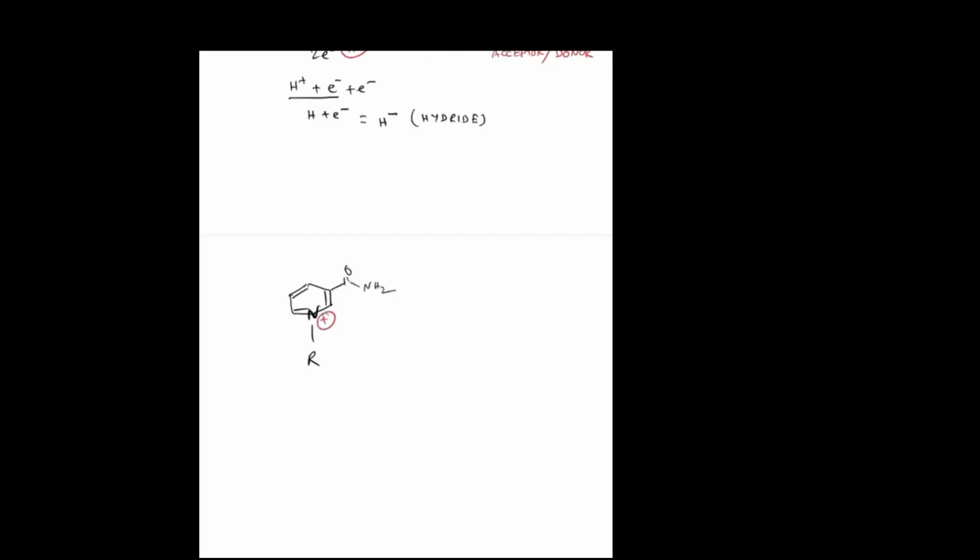So this is our NAD plus. I got an H here. Okay, so this is NAD plus. What happens when the H minus comes, the hydride we just looked at, is that it is going to act as a nucleophile, okay, organic chemistry. It is going to attach there. Let's make that red.